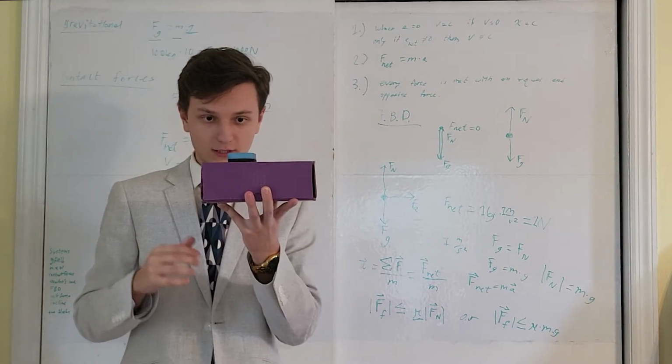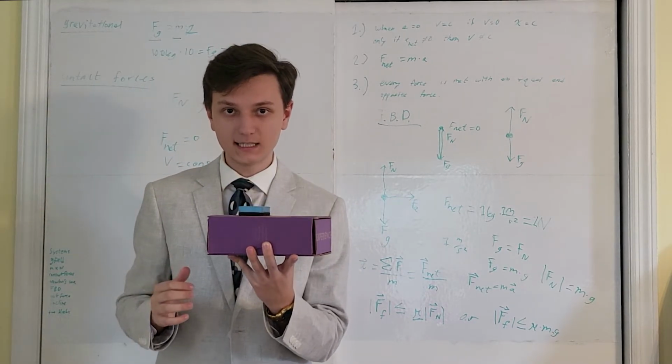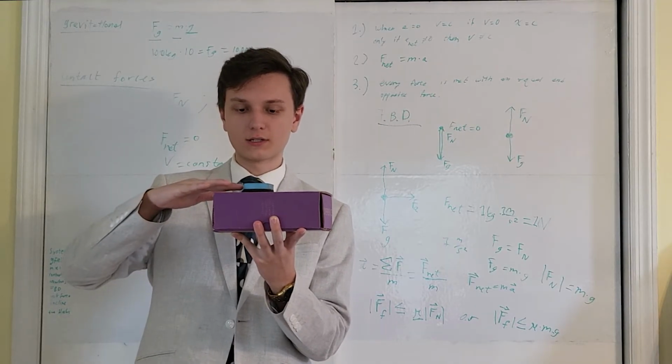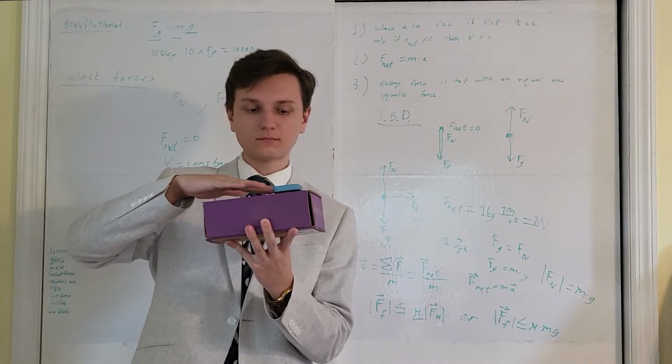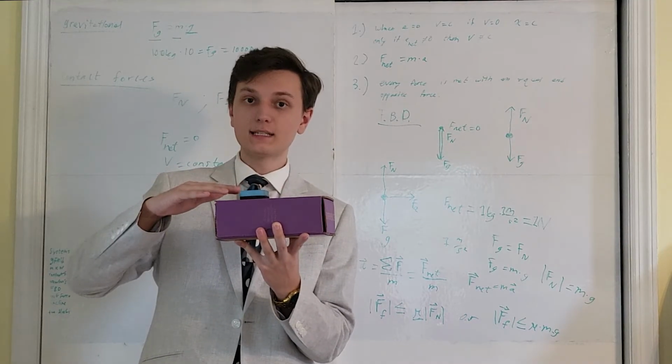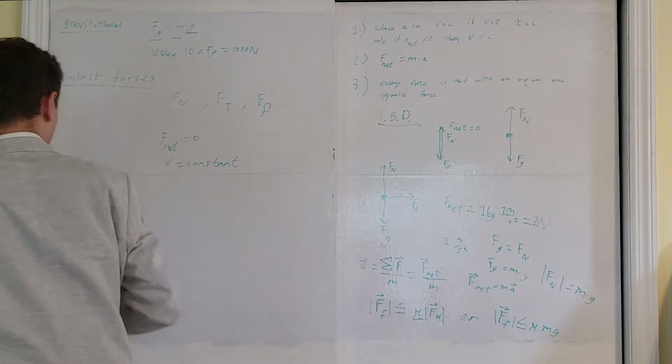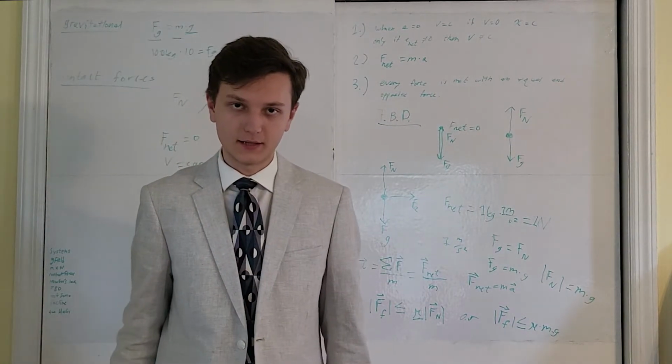The frictional force that occurs when the object is not in motion is called static friction. The frictional force that occurs while the marker is in motion is called kinetic friction. Kinetic friction is a constant value.